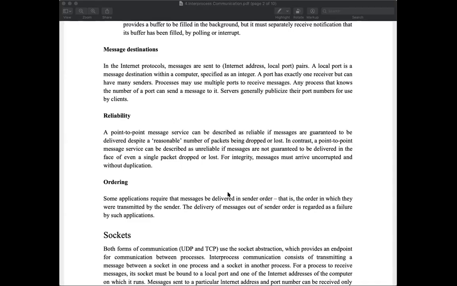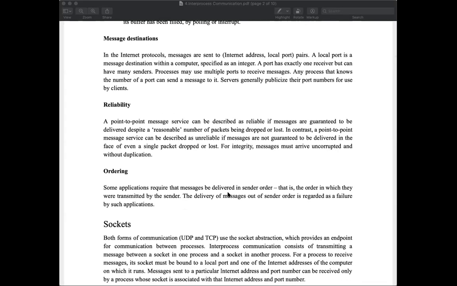When you're talking about interprocess communication, we have to be concerned about reliability, right? The communication can happen over the network, and the message will reach some remote processors.